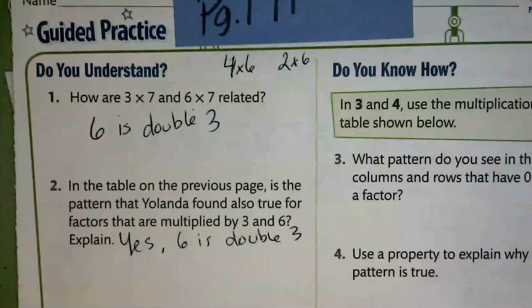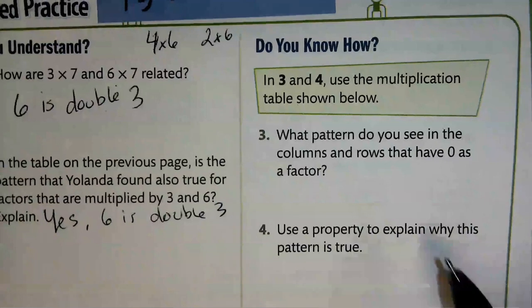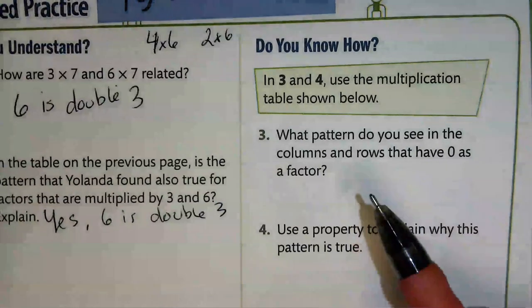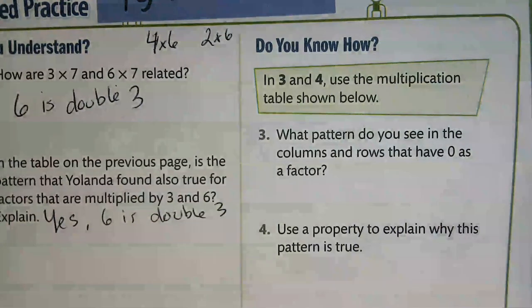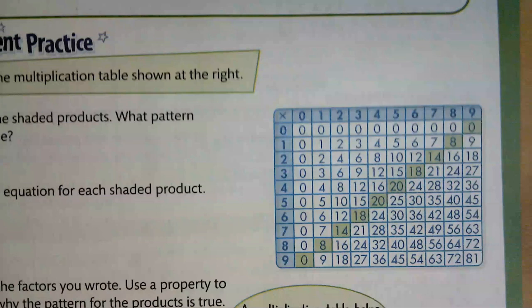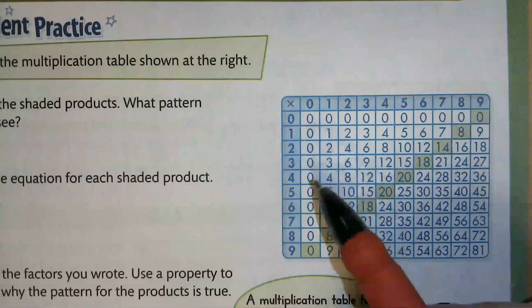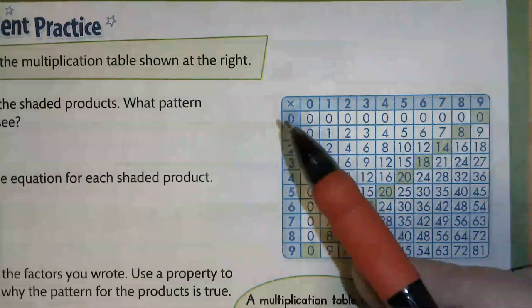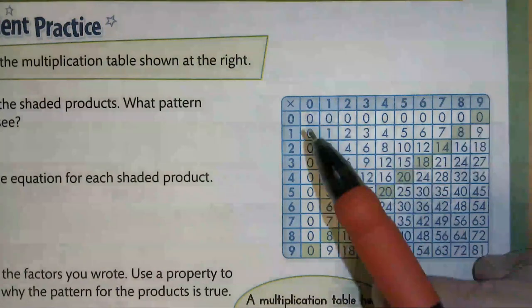All right, let's go ahead and slide over to number 3. What pattern do you see in the columns and rows that have 0 as a factor? So we're going to actually come down here to our multiplication table. All right, here's my multiplication table. Now, if I have 0 as a factor, or if I have 0 as my other factor, what's the pattern you see in our multiplication?